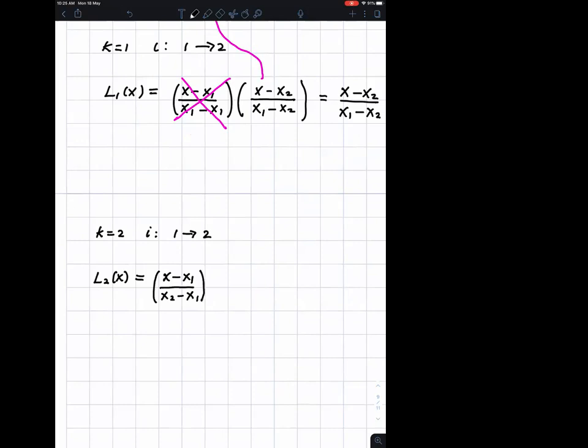And then multiply that by, k is still 2, now you have i equal to 2. So we're going to have x minus x2 divided by x2 minus x2. So again, on this term here, you have a division by 0.